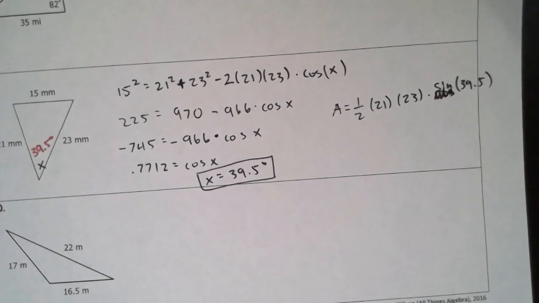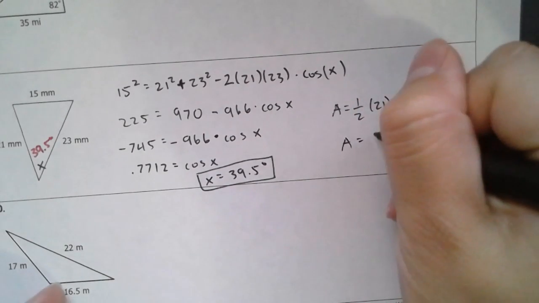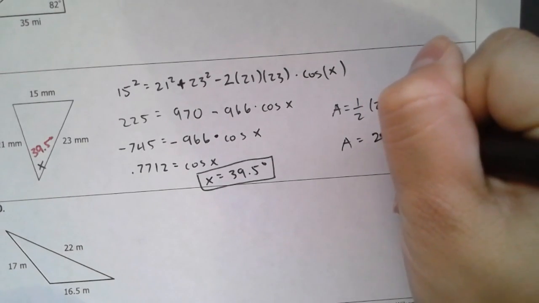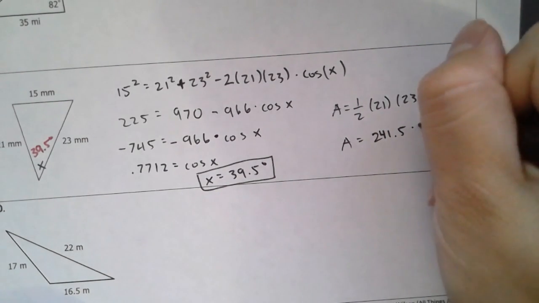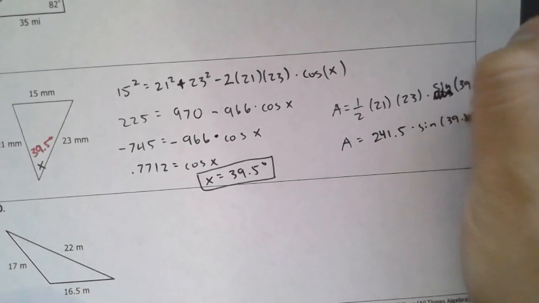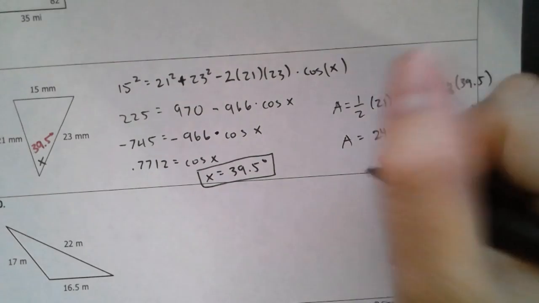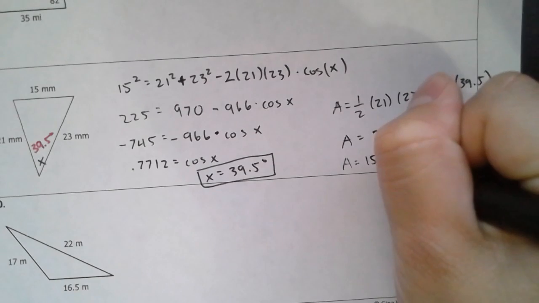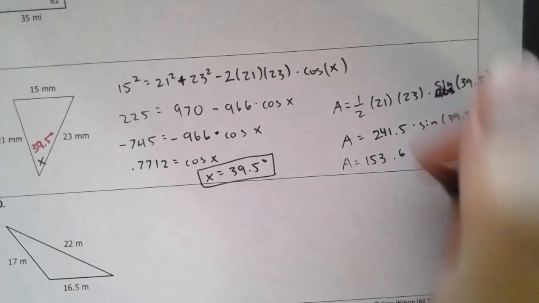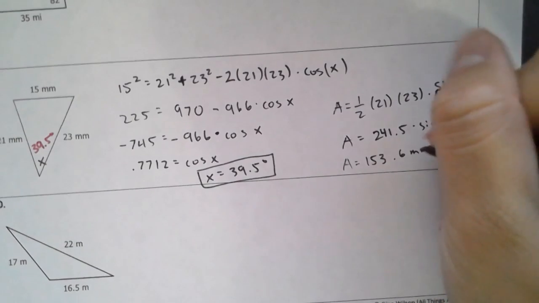So put that in your calculator. 21 times 23 divided by 2, I'm gonna get area is equal to 241.5 times the sine of 39.5. You're gonna get that the area is equal to 153.6, yeah, 0.6, round to nearest 10, so millimeters squared.